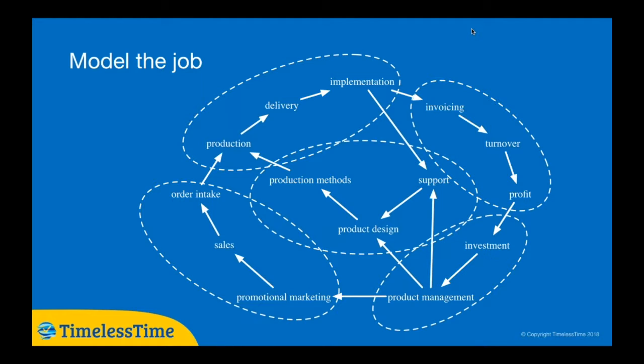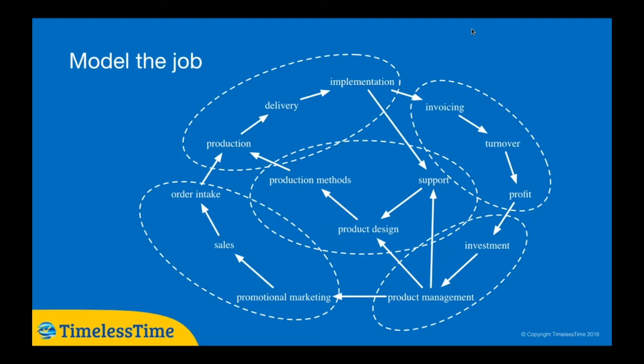Let's take the job of promotional marketing, sales, and order intake. We can split those. As the company grows, we can say there is a need for a specialist in promotional marketing. We can look for a specialist in sales and a specialist in order intake. We can then even look, for example, at maximizing our technology in order intake and computerizing it. And we can start, therefore, to look at the whole company.